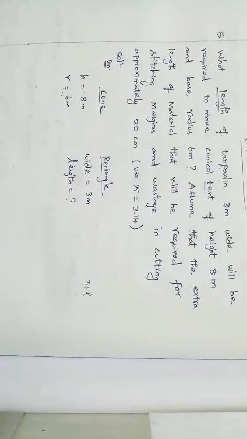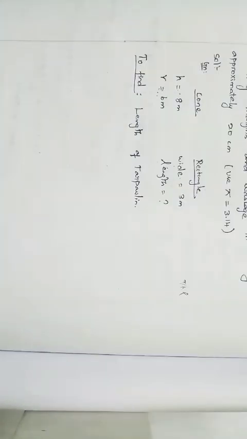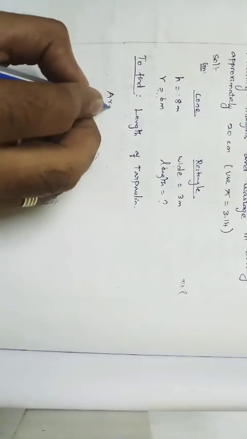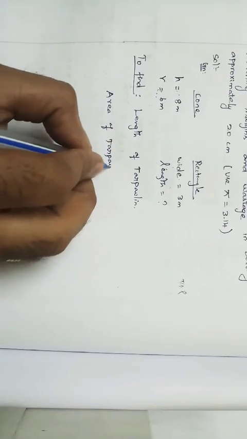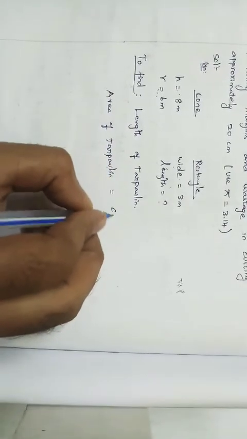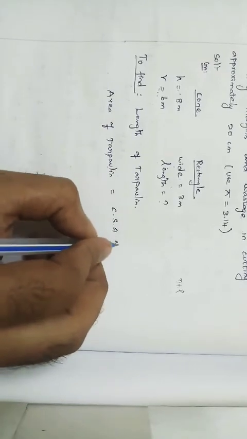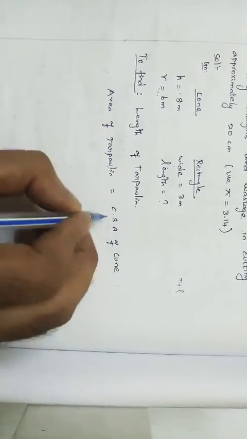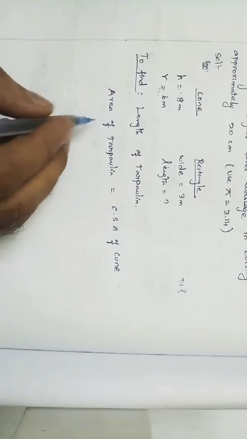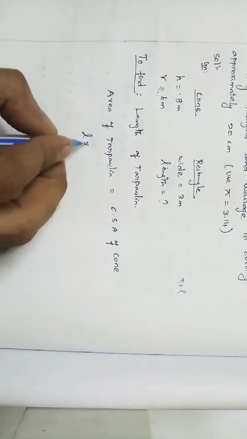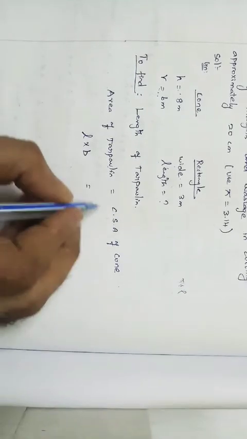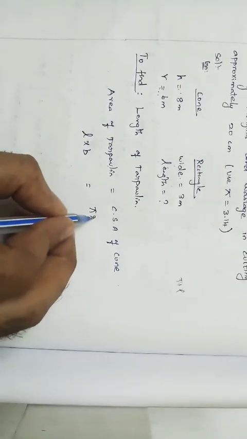By equating, area of rectangle tarpaulin is equal to curved surface area of conical tent, that is CSA of cone. What is the formula for area of the rectangle tarpaulin? Length into breadth, right? L into B is equal to CSA of cone, pi r L.